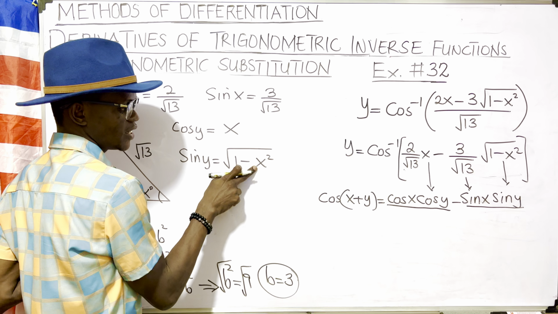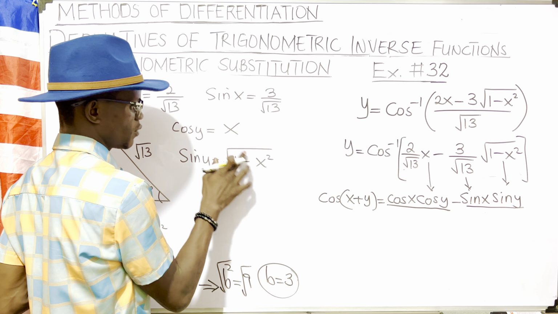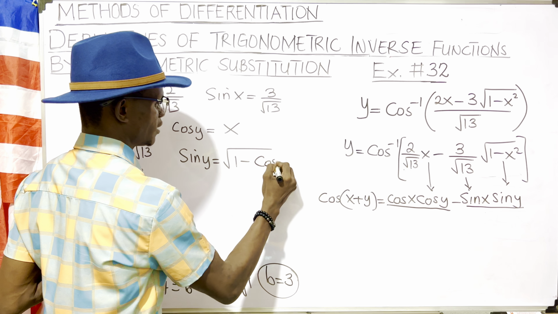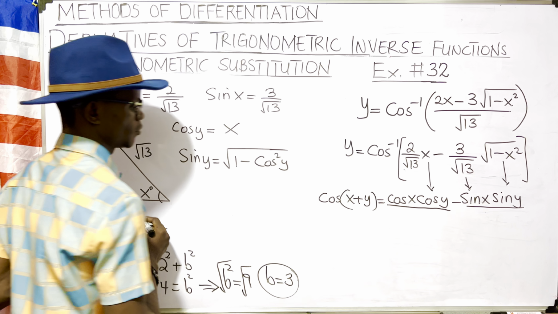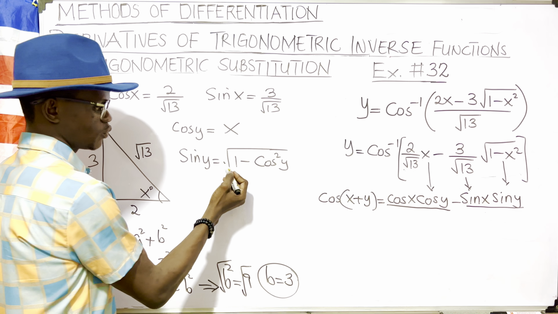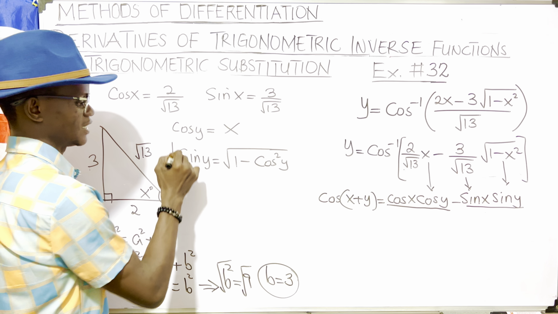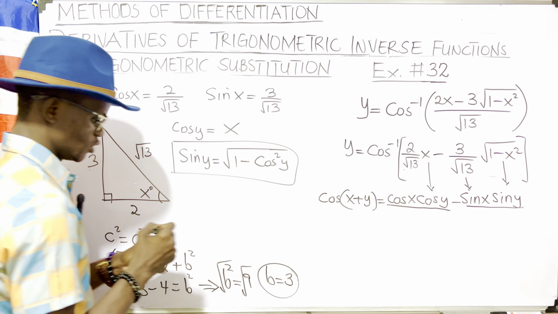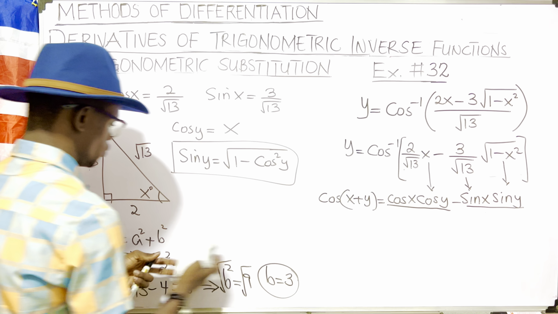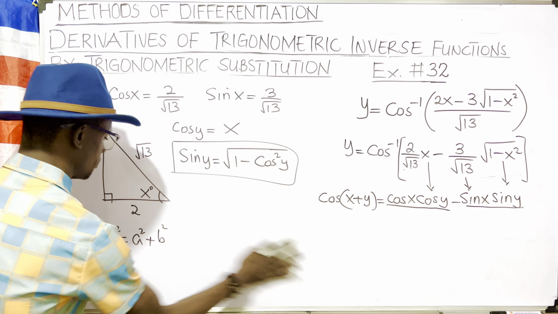But this x is cos of y, so x squared can be written as cos squared y. We know that the square root of 1 minus cos squared y is just equal to sine of y. With all of this, we can now replace in the problem.